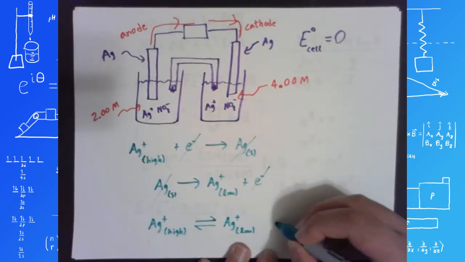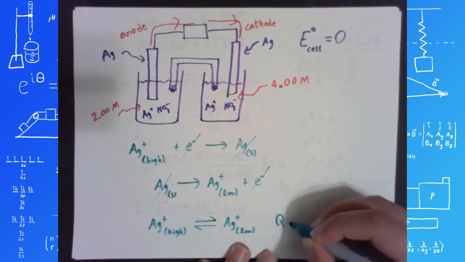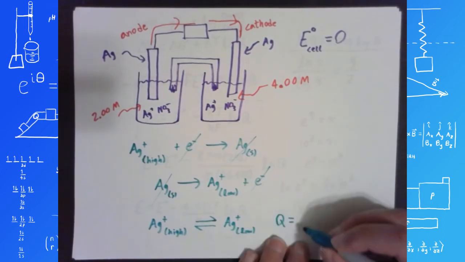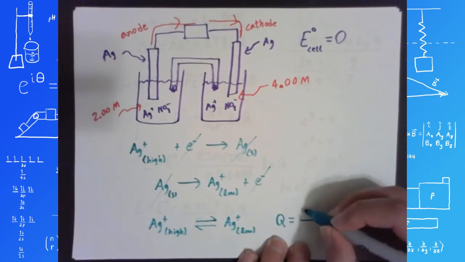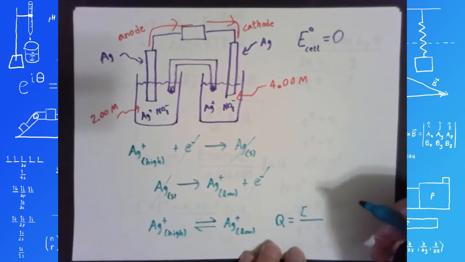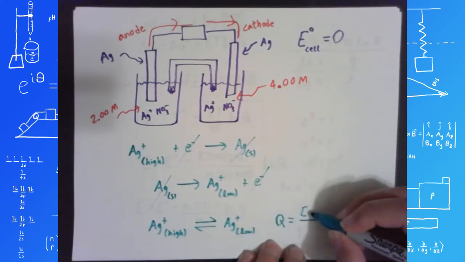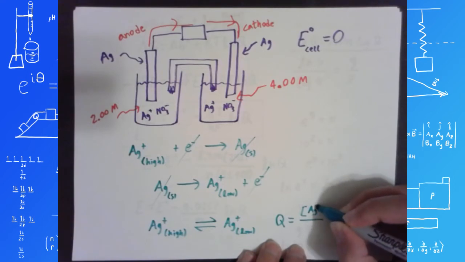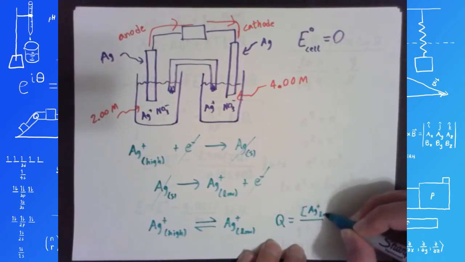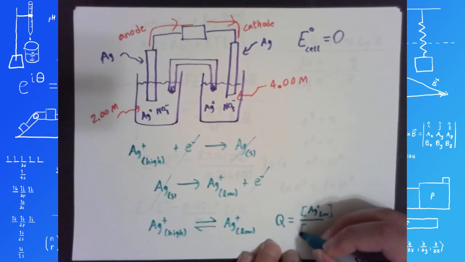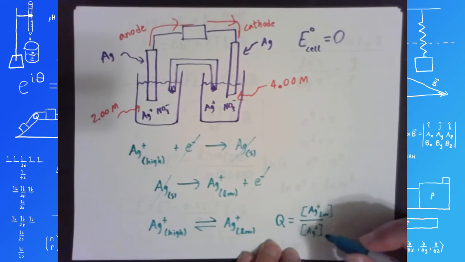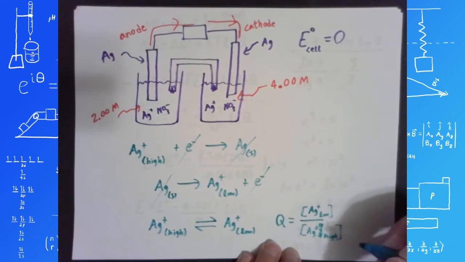And we can then define Q, the reaction quotient for this, to be the concentration of low silver to high silver. So it'll be Ag plus low over Ag plus high.